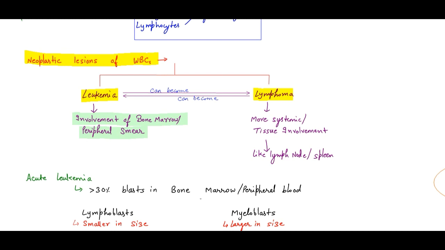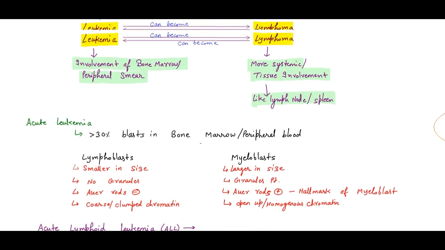There is tissue involvement or more systemic tissue involvement, like lymph node or spleen involvement. I think this is the clear, simple difference. If only the bone marrow or peripheral smear, meaning our blood, is involved, it is leukemia. If there is tissue involvement, any lymph node or spleen involvement, then it is lymphoma.